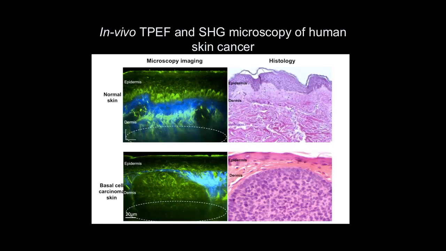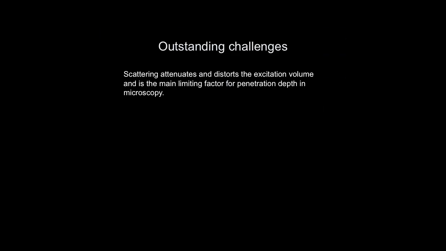These are other images that I had as applications. I wanted to end by mentioning again that scattering attenuates and distorts the excitation volume, and is the main limiting factor for penetration depth in microscopy.